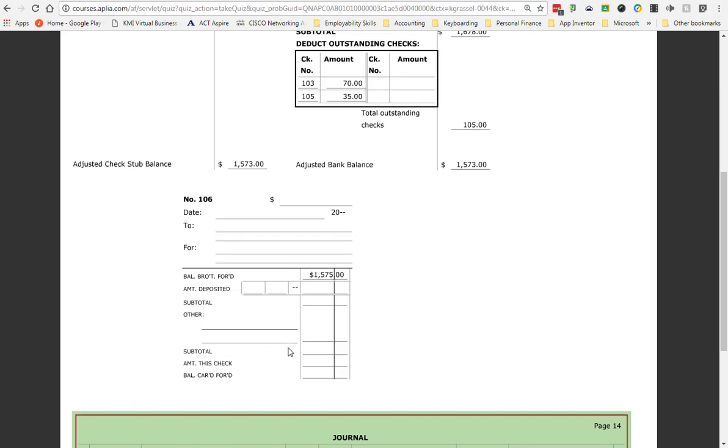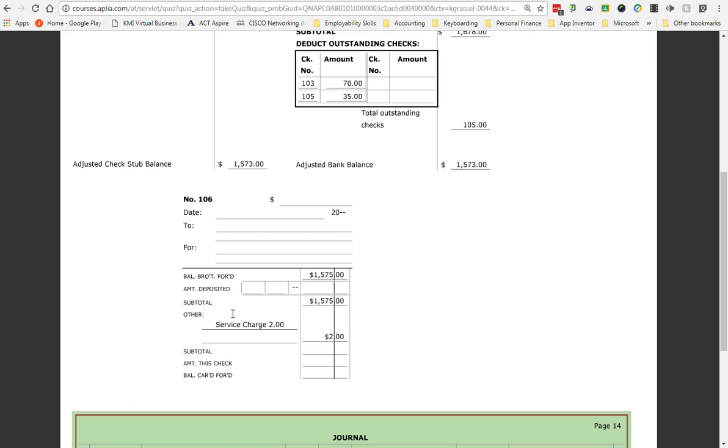Now, do I have to put that deposit on here of $150? No. It was already done. It's on a previous check stub. So I don't need to put anything in the amount deposited section, so I'm just going to do 1575, carry it down. But I do need to put in here service charge for $2.